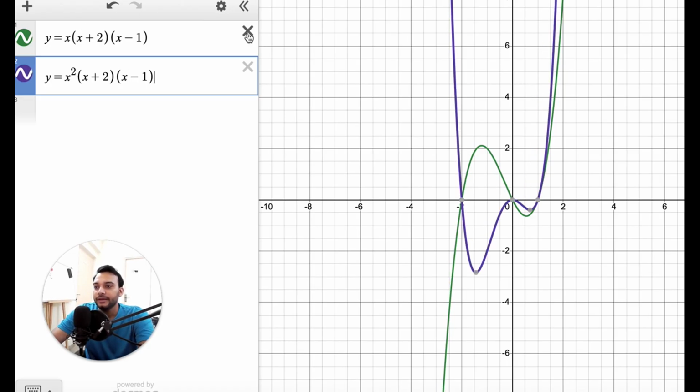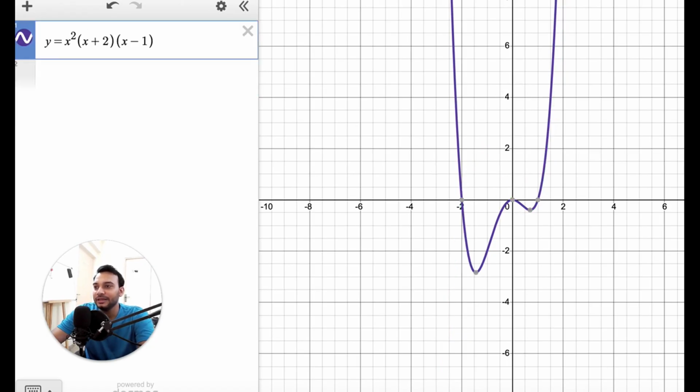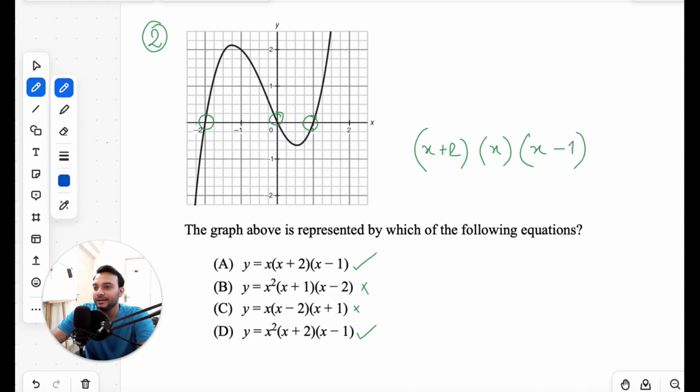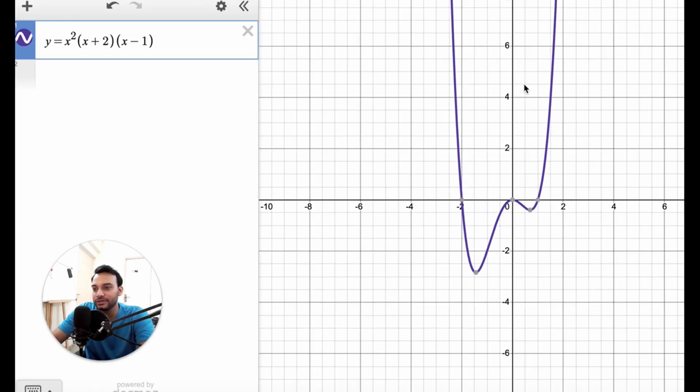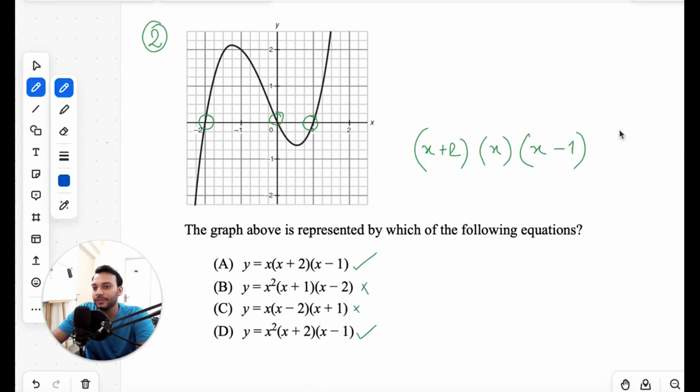This one's not matching. Option D is basically the reverse of what is shown in option A, or the graph shown in the question. So option A is the correct one.